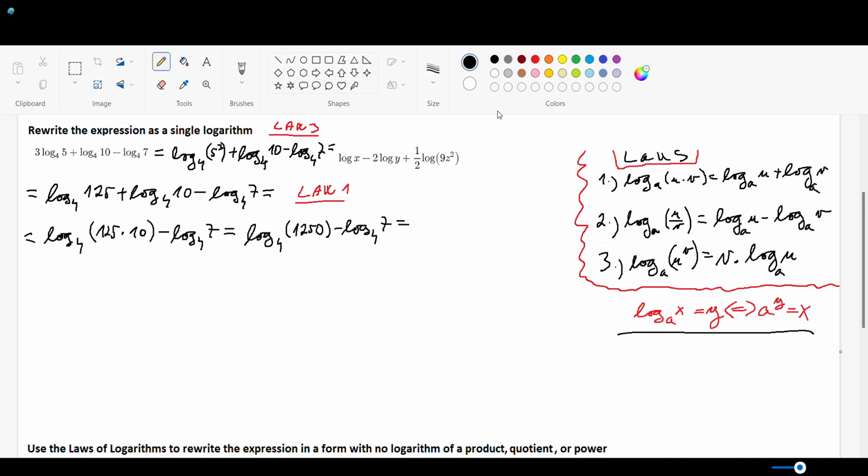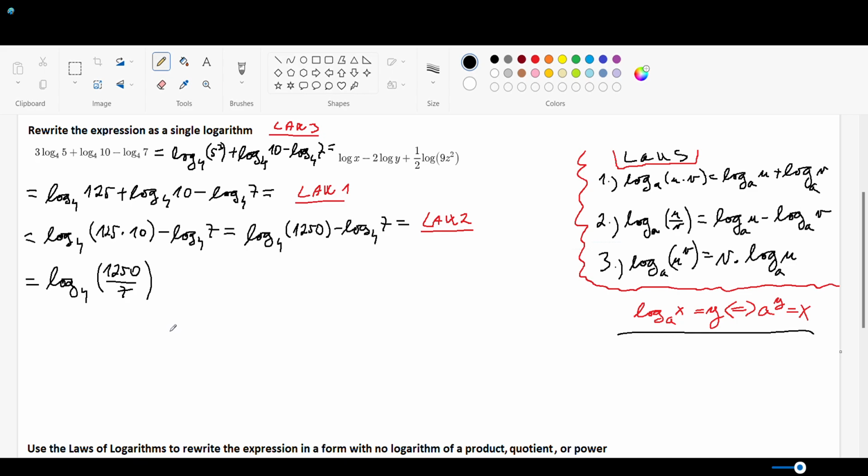Now we're going to use law number 2. Then our result is going to be logarithm base 4 of 1250 divided by 7.